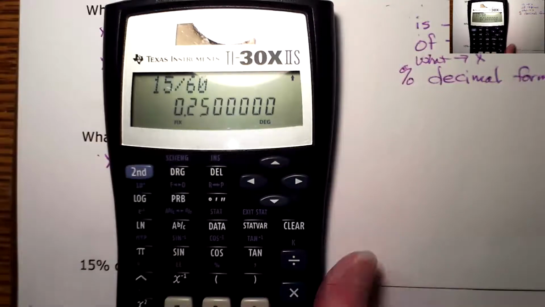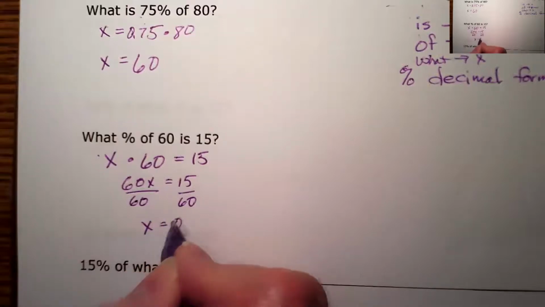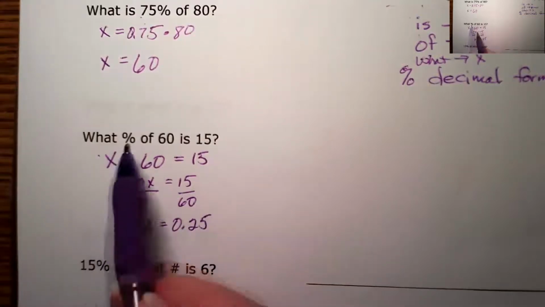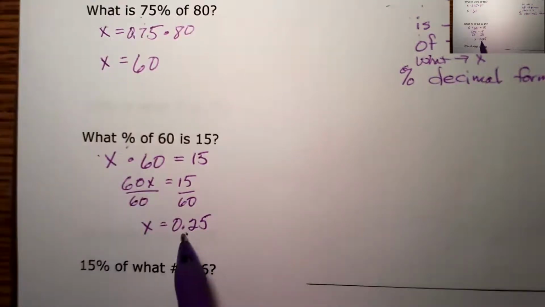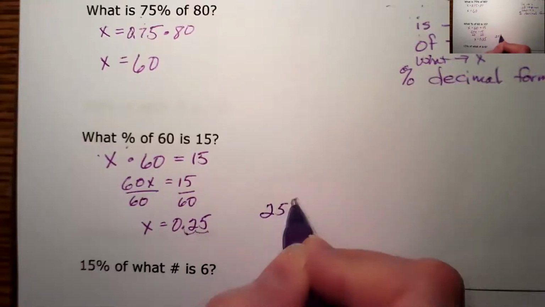X is 0.25. But like I said, we're looking for a percent. It's in decimal form, so we want percent form, so we're going to multiply by 100%, which moves the decimal point 2 places to the right. So our answer is 25%.